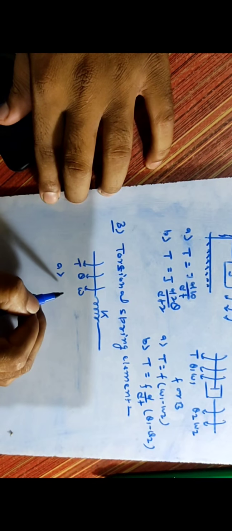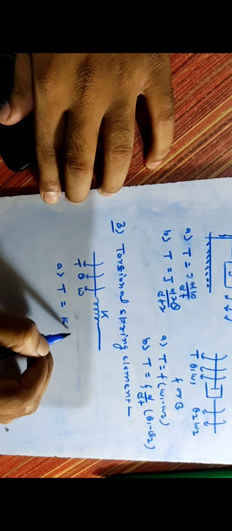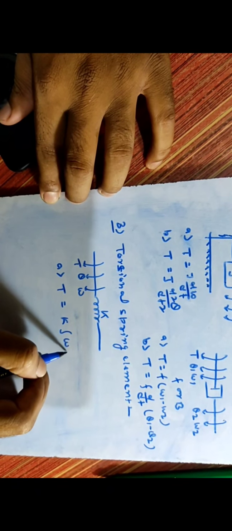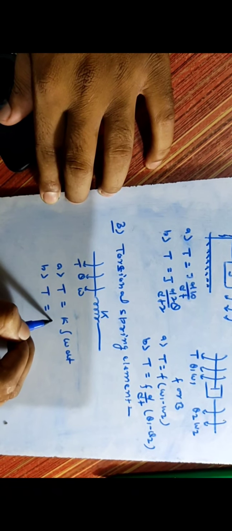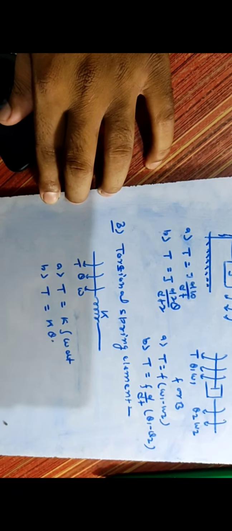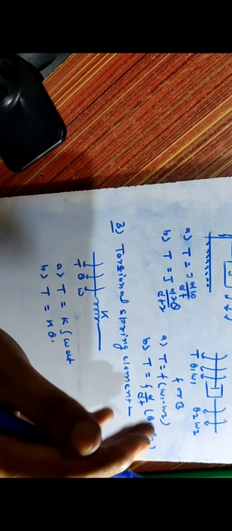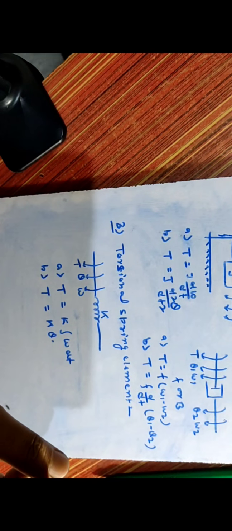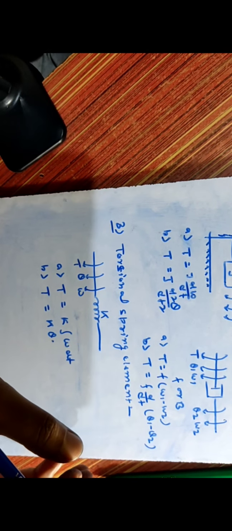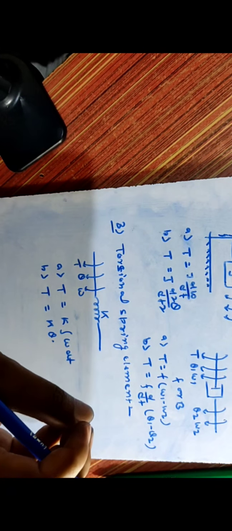So torque is equal to K integral of omega dt, and torque is equal to K theta. This is the spring element. So in mechanical modeling systems, these are the basic equations of the translational and rotational mechanical systems.